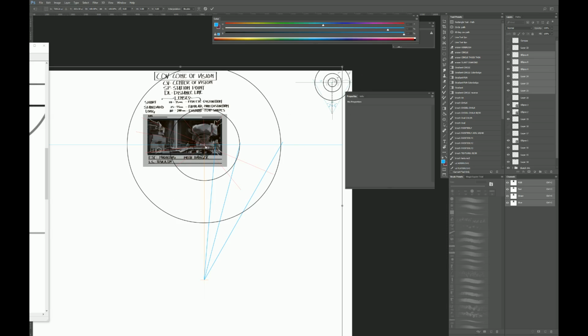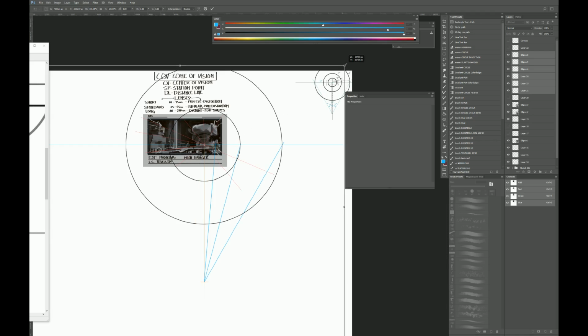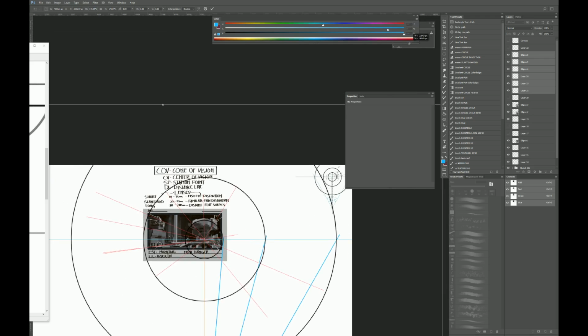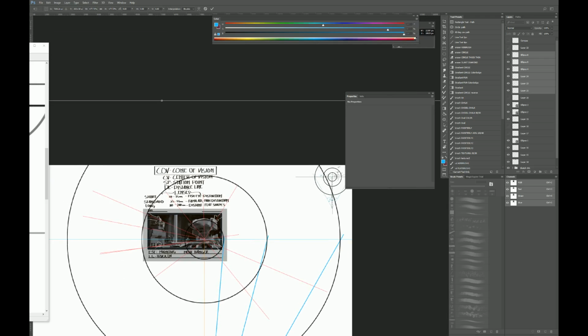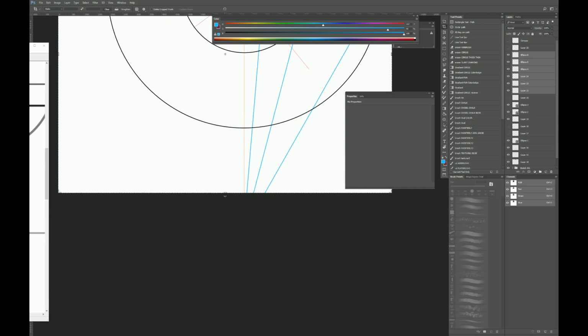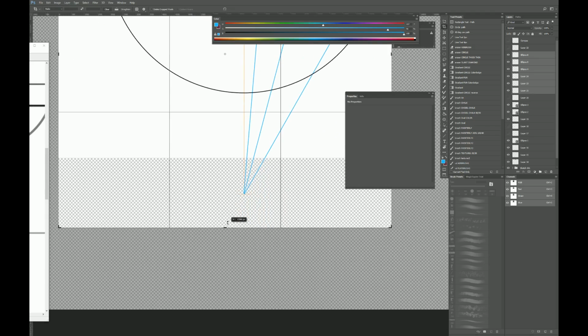I put the center of the transform at the center of vision, and we are going to increase the size until the whole canvas is inside the 30 degree field of view point. Right? So what I did is I just made sure that the edge of the canvas was inside this 30 degree cone of view. And we need to expand the canvas in order to get our station point back. There we go.